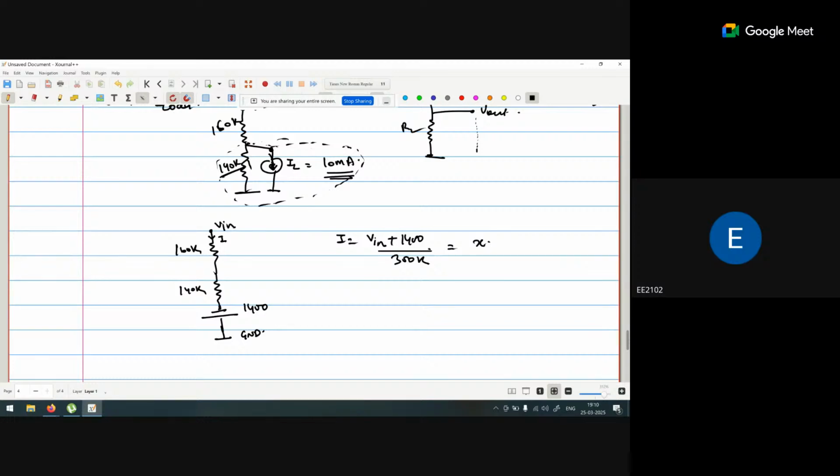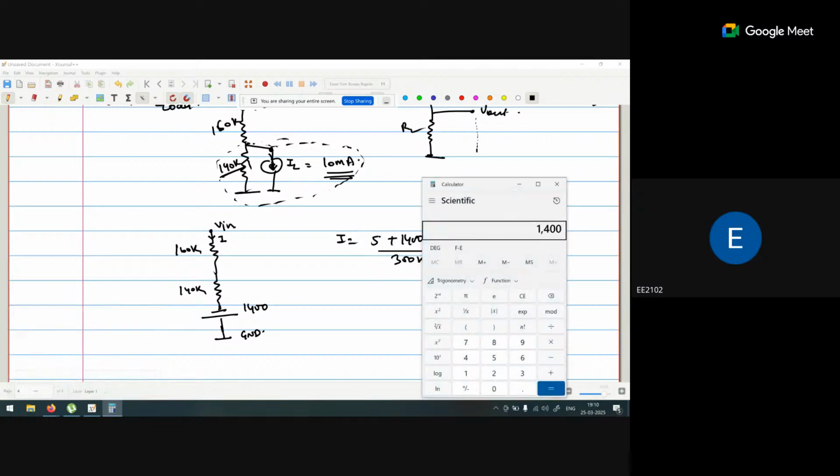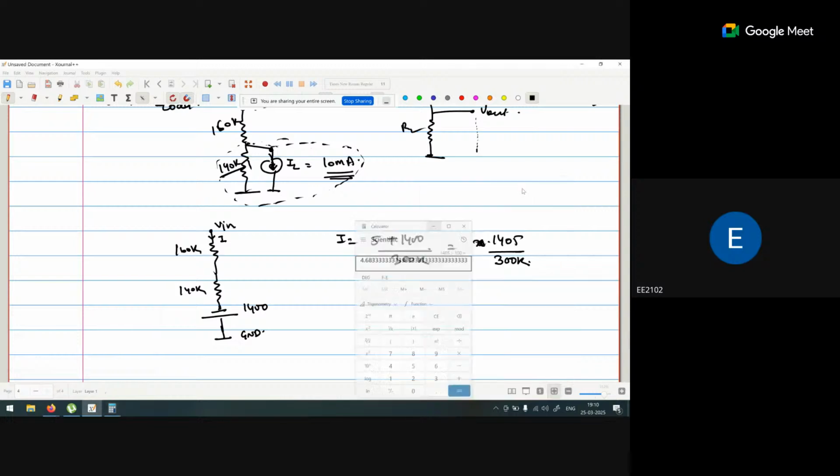For example, we say that V is 5. So it becomes 1405 divided by 300. What is the value of current? It is 4.68 milliampere. So the current flowing through this will be 4.68.